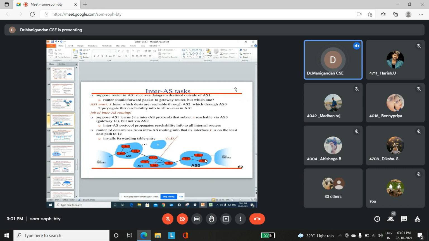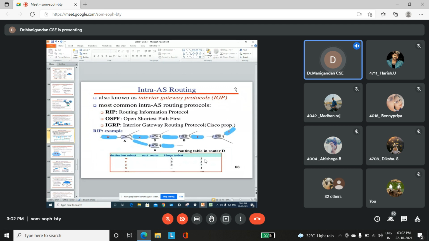It determines the routing table and finds the least path to travel from source to destination. Only after finding the least path is the data transmitted from source to destination. This is the inter-autonomous system task.